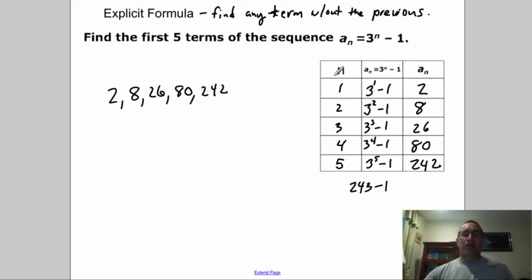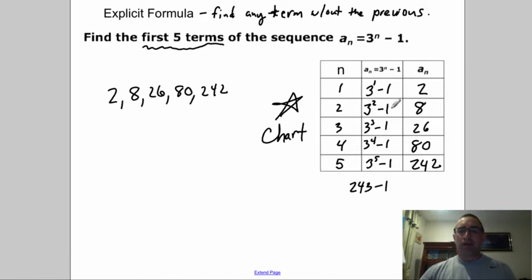So it's a matter of making a chart, please. I will be asking you to show this work. So you must have a chart, and letting n equal 1 through however many terms. In this case, the first 5 terms, and showing your work on how you got those.